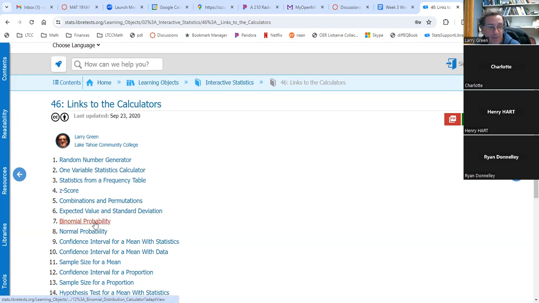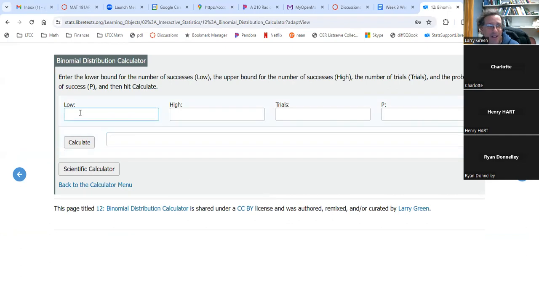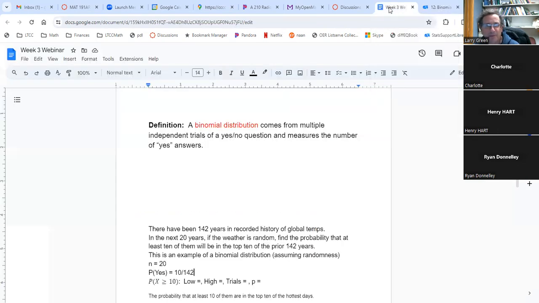So I'm going to click on number 7, and you will notice in a moment. Sorry, it's a long moment. There we go. It asks for the low, the high, trials, and P. What it says is enter the lower bound, the upper bound, the number of trials, and the probability of success, and then hit calculate. So what's the lower bound? What's the lowest number that's less than or equal to 10? Hint is it's really easy.